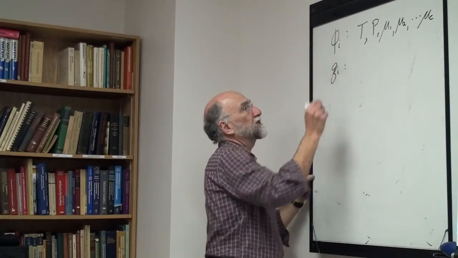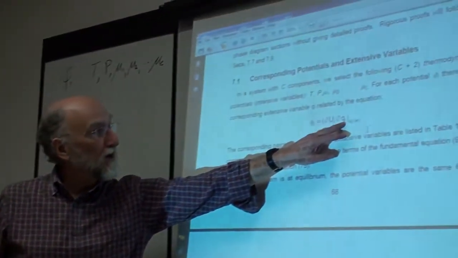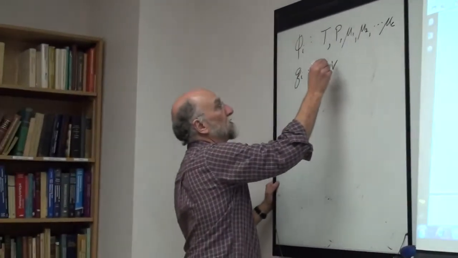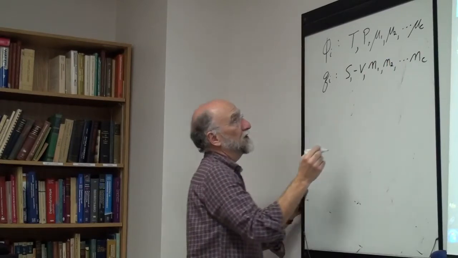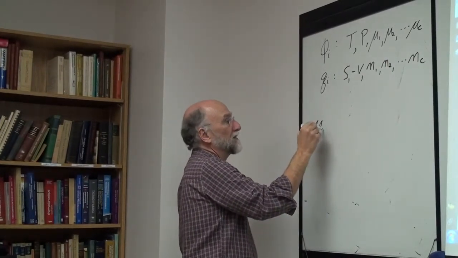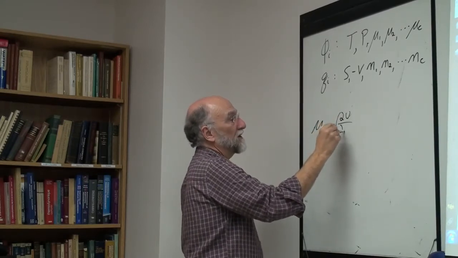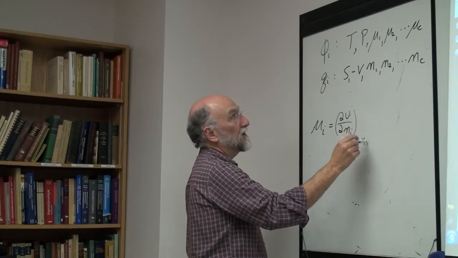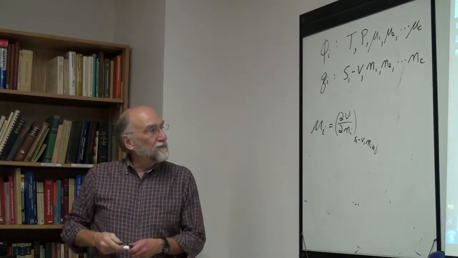These are the corresponding extensive variables, which are defined by the derivative of the internal energy with respect to one variable, keeping all the other Q's constant. So here we have entropy, minus volume, number of moles of 1, number of moles of 2, the number of moles of C. So for example, mu i is equal to dU/dNi, keeping S, minus V, and Nj, j not equal to i, constant.